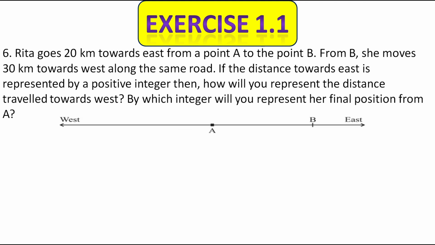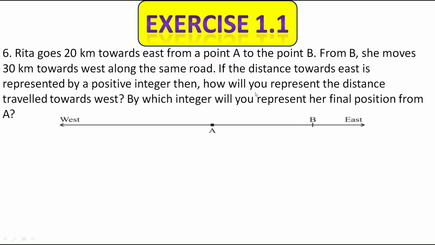Rita goes 20 km towards east from a point A to the point B. It means she started her journey from this point A to the point B and covered 20 kilometer. Now again from B she moves 30 kilometer towards west along the same road.